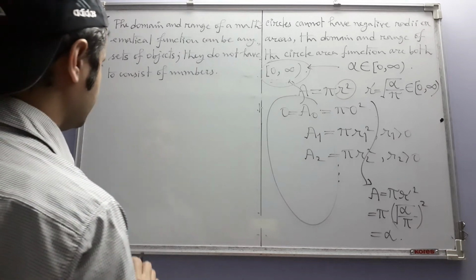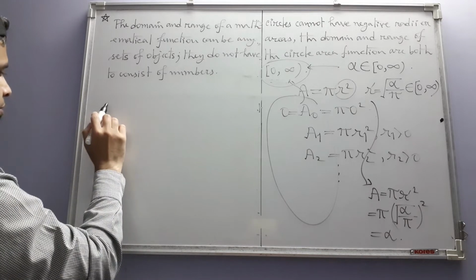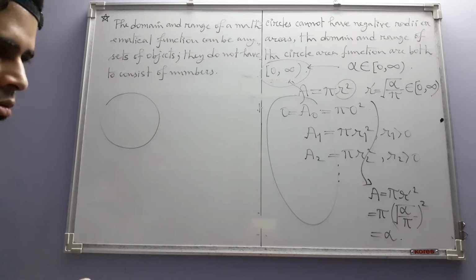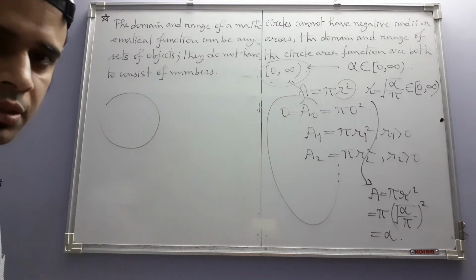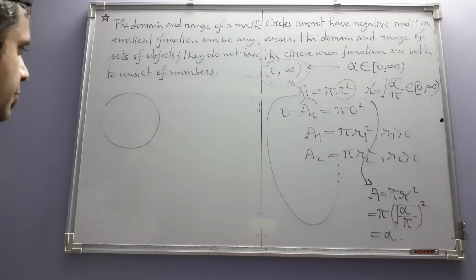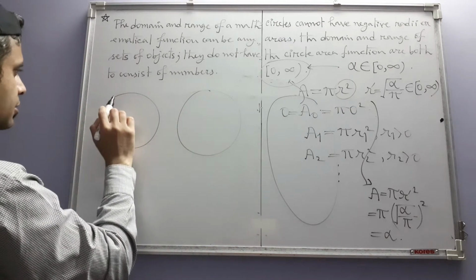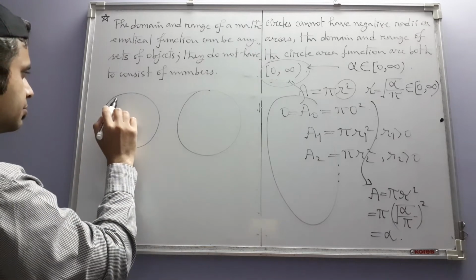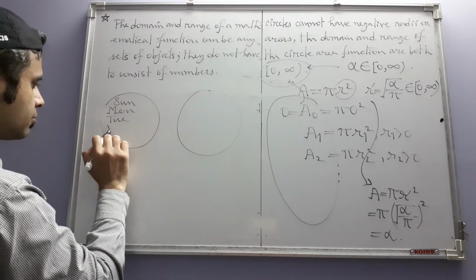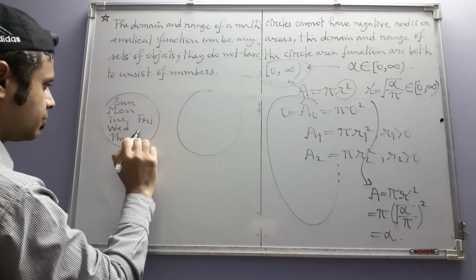You can think of a function like this. Say we have a function that gives you the days of a week that start with the letter T. Then the domain of that particular function consists of all the days in the week: Sunday, Monday, Tuesday, Wednesday, Thursday, Friday and Saturday.